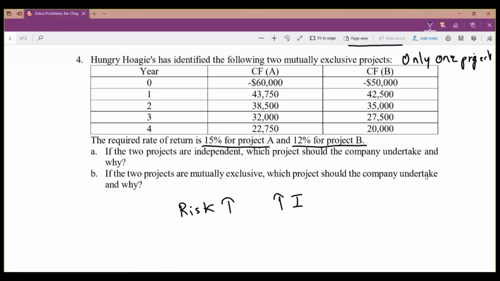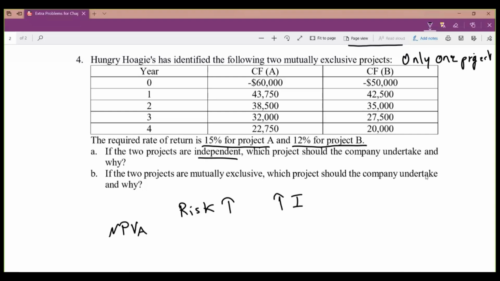So for part A, if the 2 projects are independent, which project should the company undertake and why? So when the projects are independent, I simply compute the NPV for each project alone.